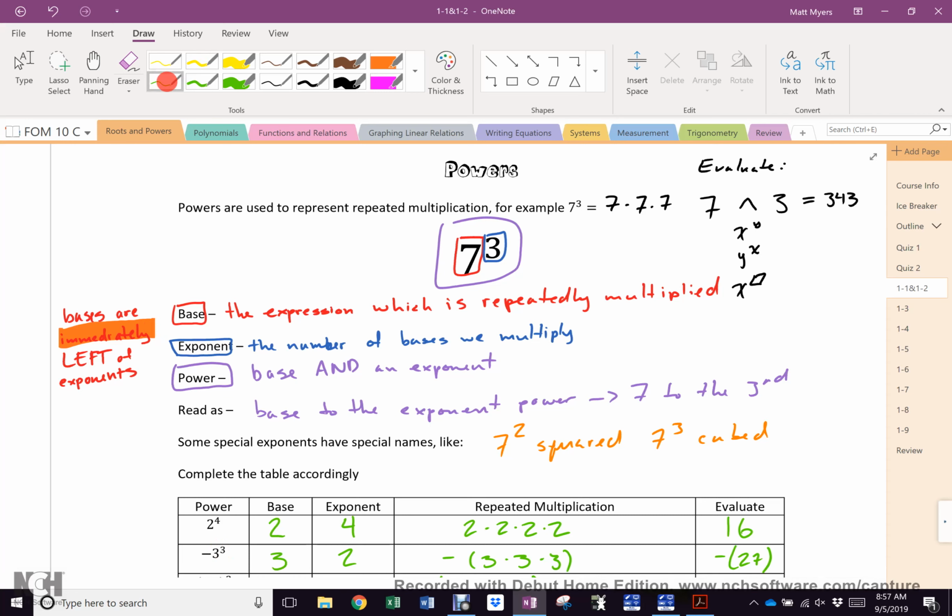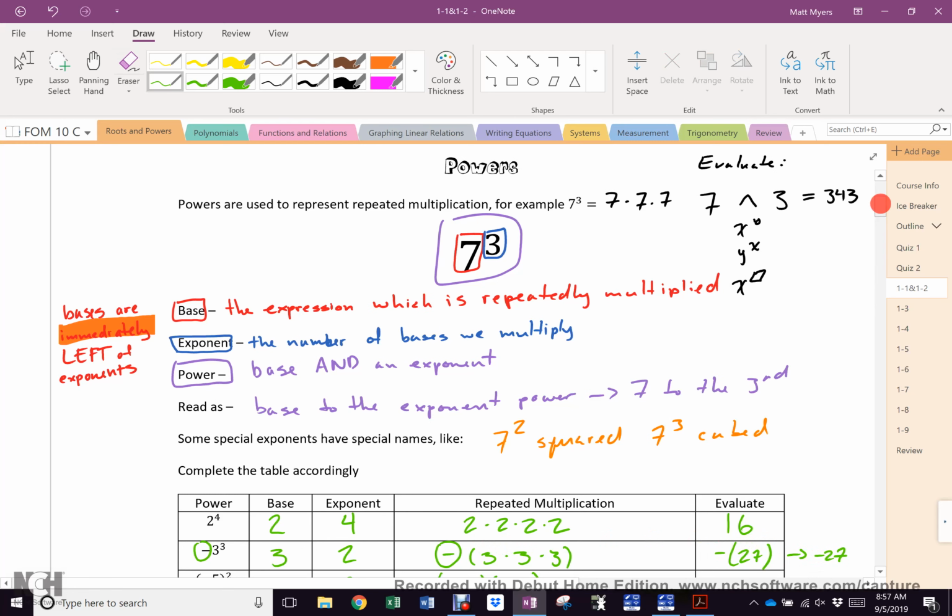But we cannot forget about that negative, so we have to put it here. So it's negative whatever this answer is. 3 times 3 times 3 is 27, so the answer has to be negative 27. Everybody cool? Now, of course, you don't need those brackets. That's just to show you this. You would actually write this as negative 27. Everybody knows that, right? Okay.